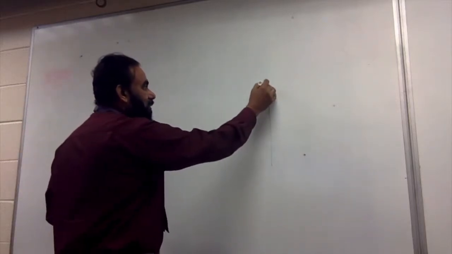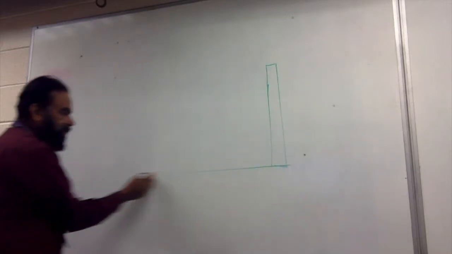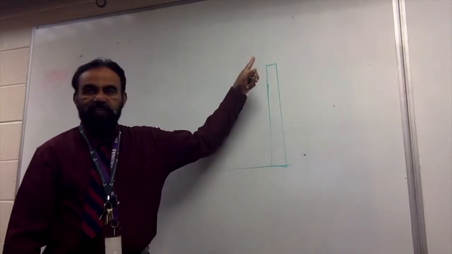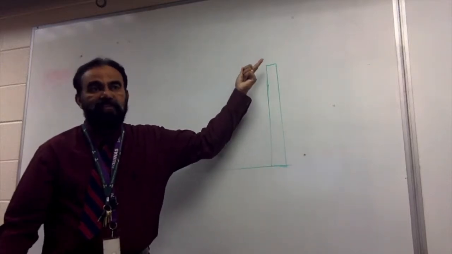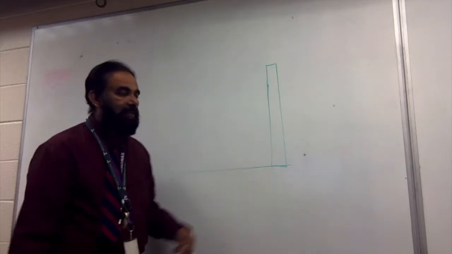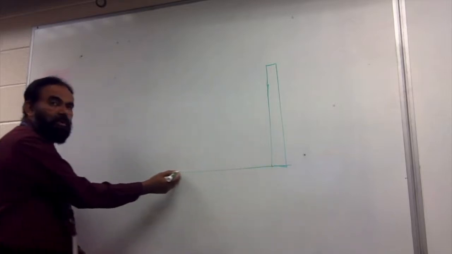Here's a building, and you are down here. You don't have access to the top of the building. So since you don't have access to the top of the building, all you can go to is the base of the building. Now what you do is walk away from the building a known distance.